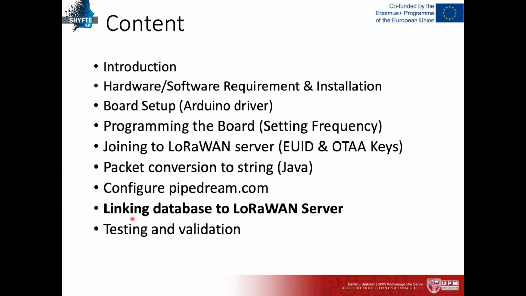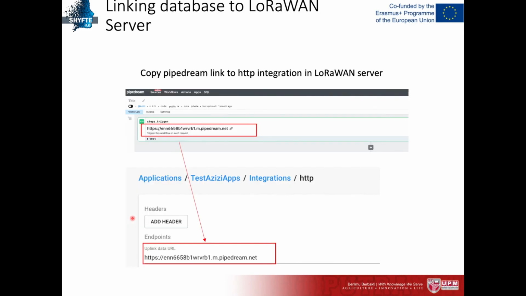We're going to link the database to the LoRaWAN server. So the idea is basically we want to store the data that comes from the sensor. There are two types of integration that can be done through the LoRaWAN server. The first one is using local storage or InfluxDB.